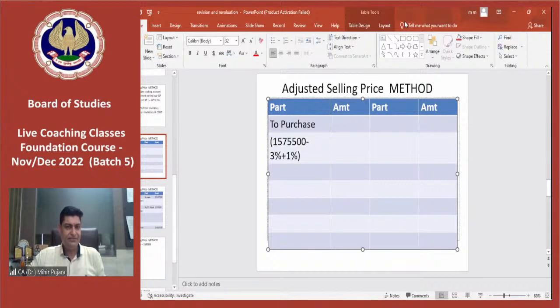Right guys? And plus you can say expenses. How much expenses are there? 87,500.